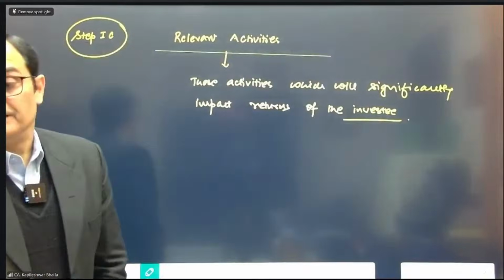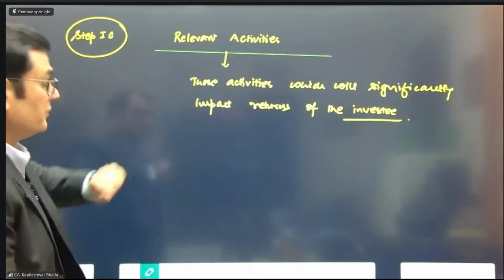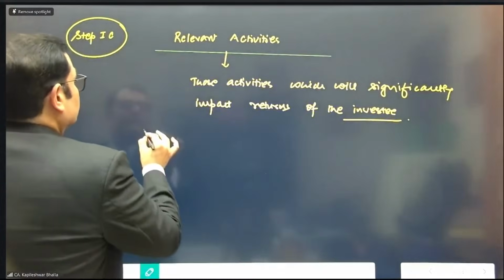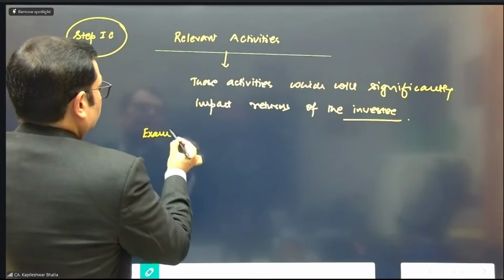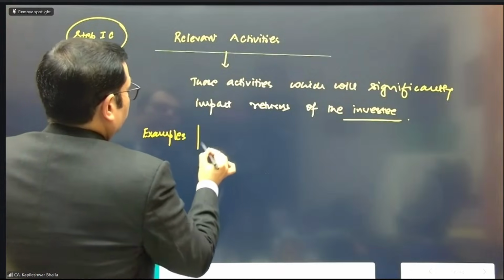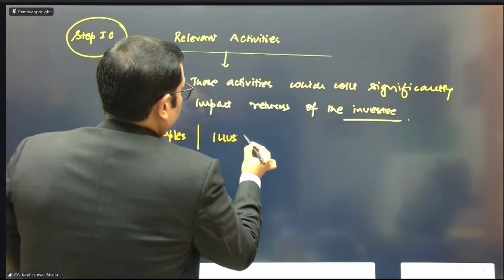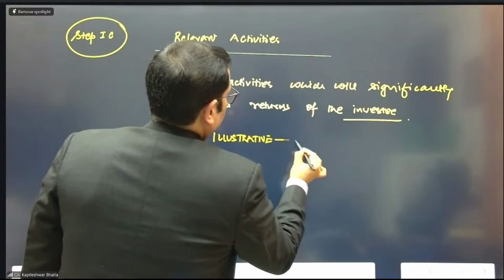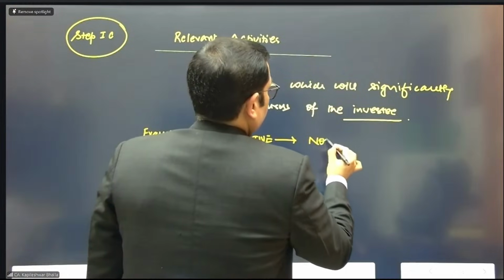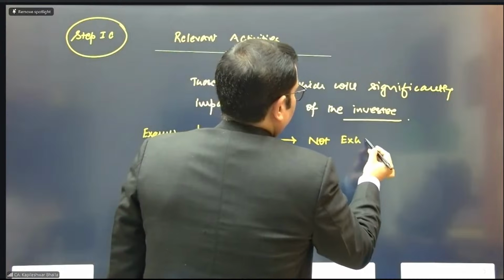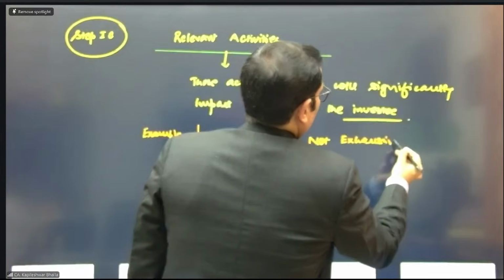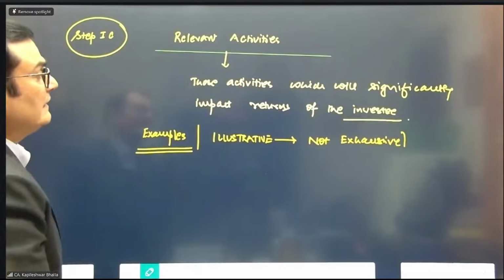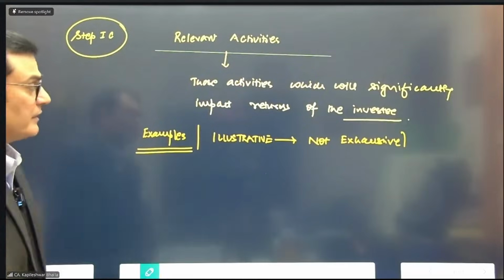So all those activities which can significantly impact the returns of the investee, and let's give you some examples. These examples are illustrative in nature and not exhaustive. I'm giving you examples which are given in the standard itself for your reference later.